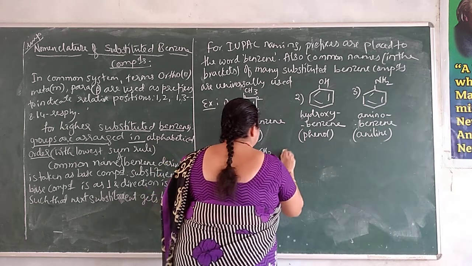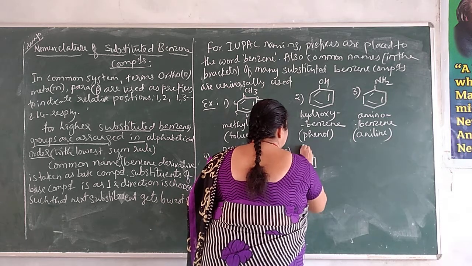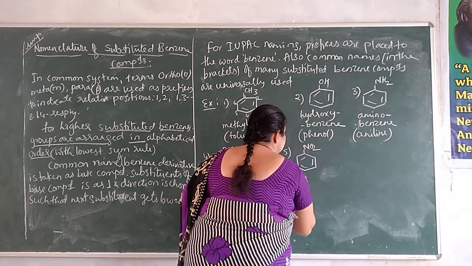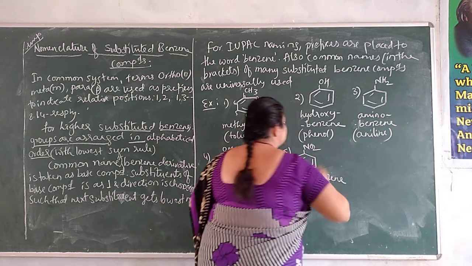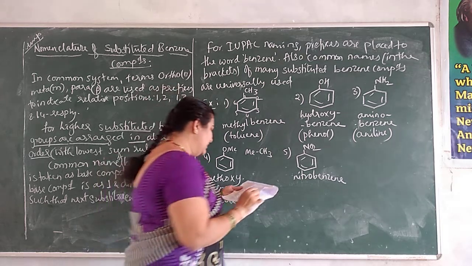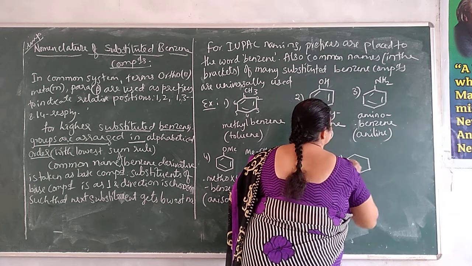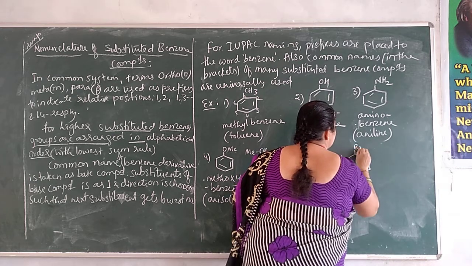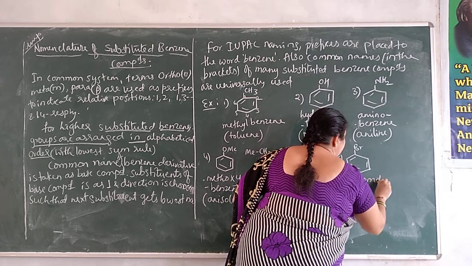Now the fifth one, for the benzene ring, if an NO2 group is present, this compound is called nitrobenzene. This is the same for both the IUPAC name and the common name. Then the sixth compound, bromobenzene.